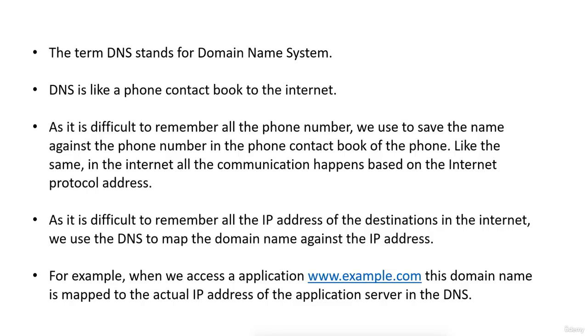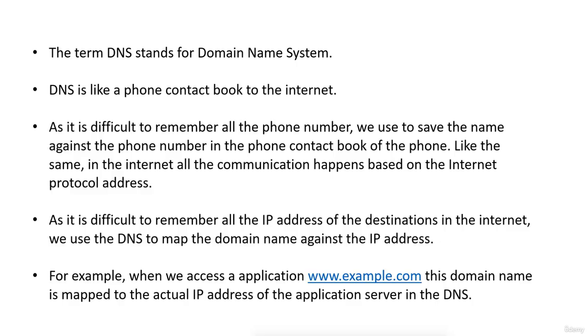So, for example, if you want to access any domain name, like example.com or even google.com, this request first goes to the DNS server, and there the mapping will be available. If it is www.example.com, then the IP address for that is maybe, just as an example, 1.2.3.4, whatever it is.